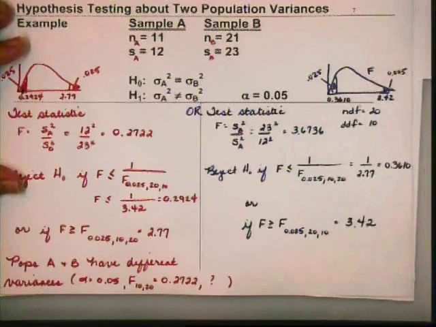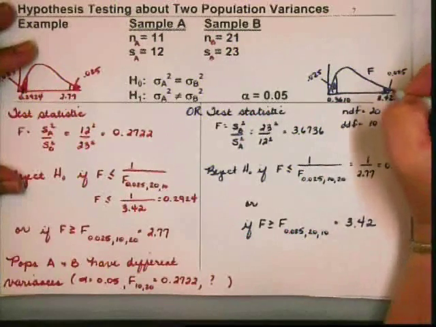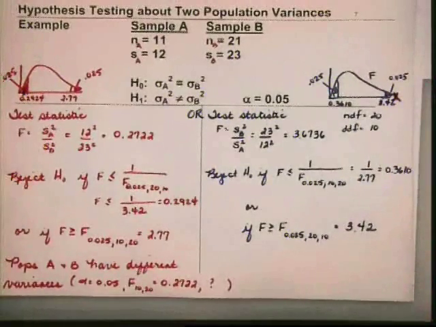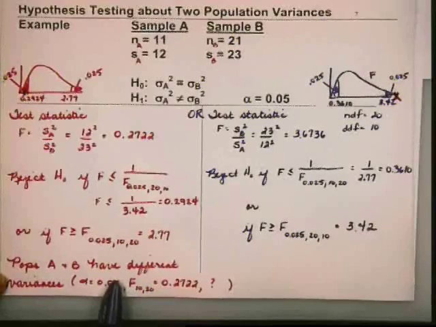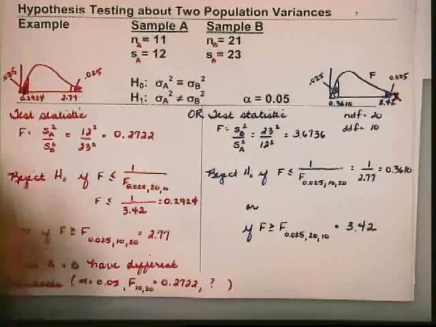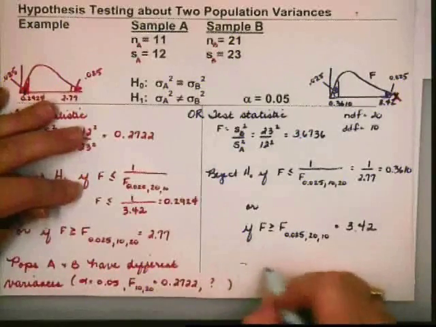Our calculated value for F is 3.67. It's out here. You'd have the same conclusion as we do on the left or red side. The populations A and B have different variances. We'd cite the same alpha, so we'd have the same conclusion.